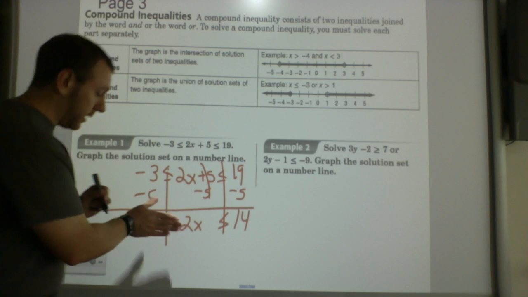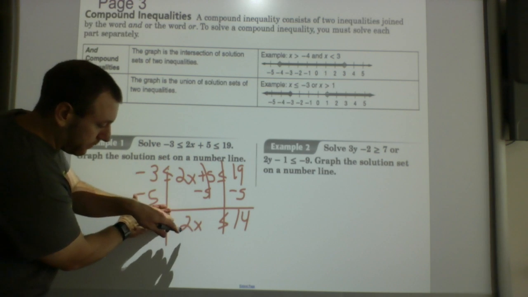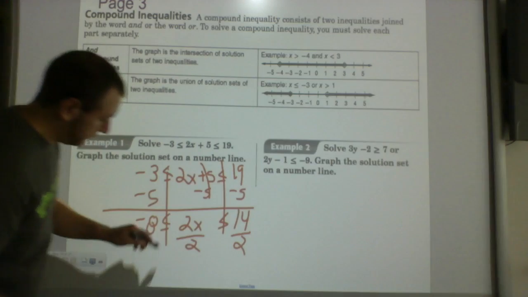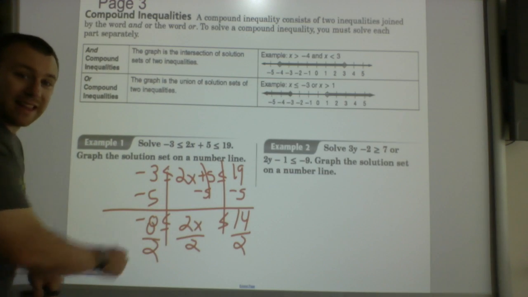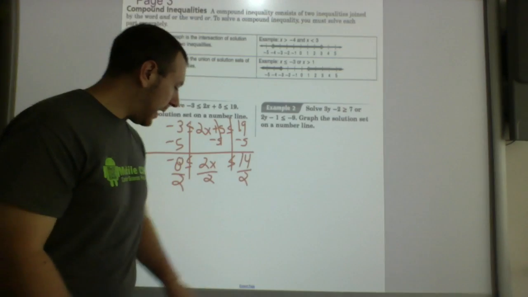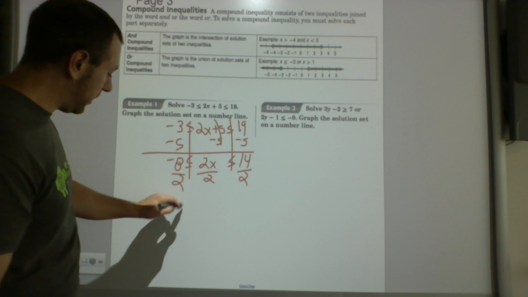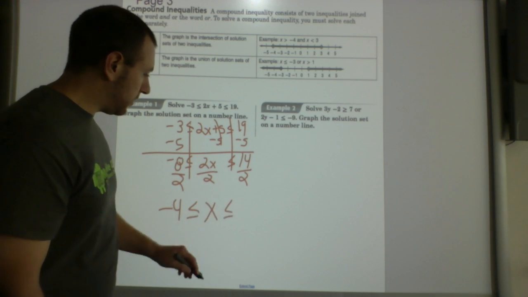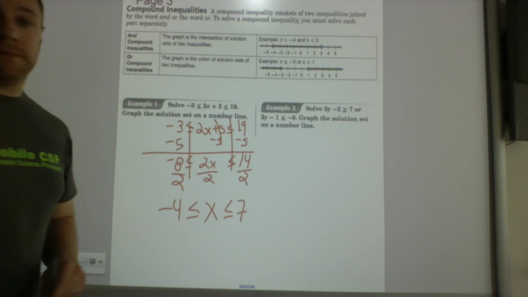Now, again, I cover up 1. I go 2x is less than or equal to 14. I'm going to divide by 2. And now I just apply that dividing by 2 on the other side. So what happens is I get an inequality. Negative 4 is less than or equal to x, which is less than or equal to 7.